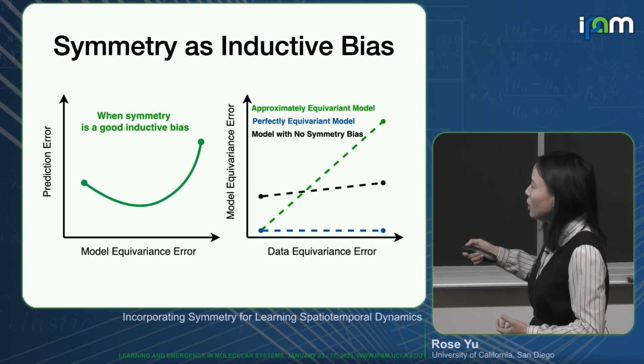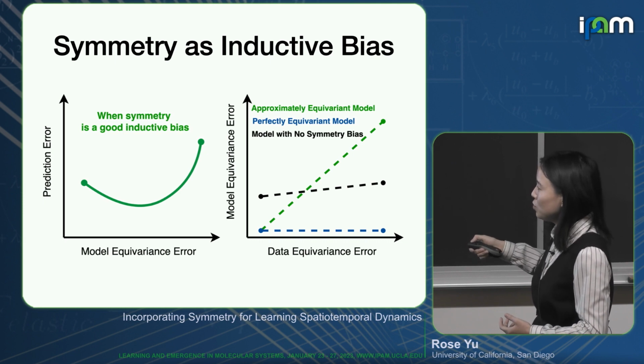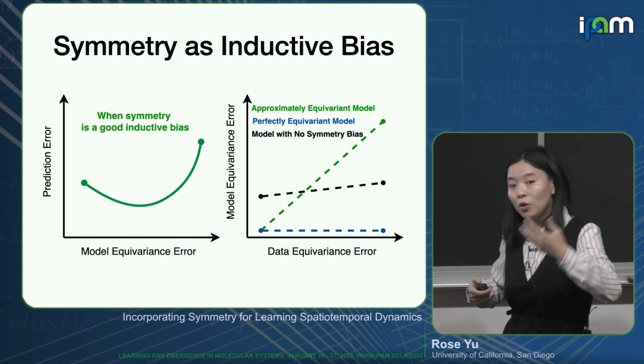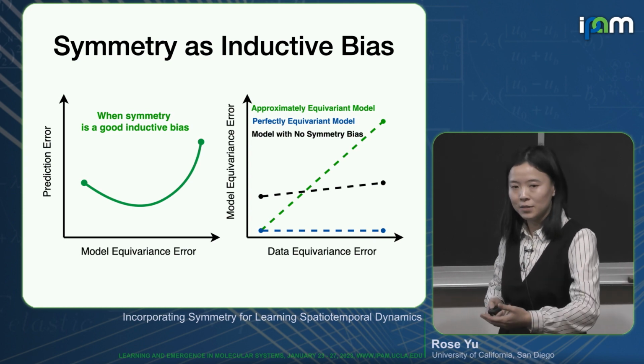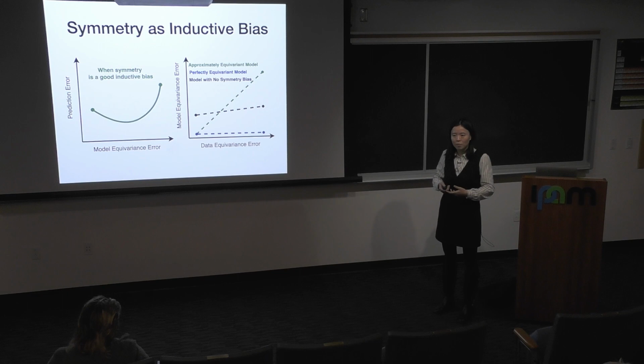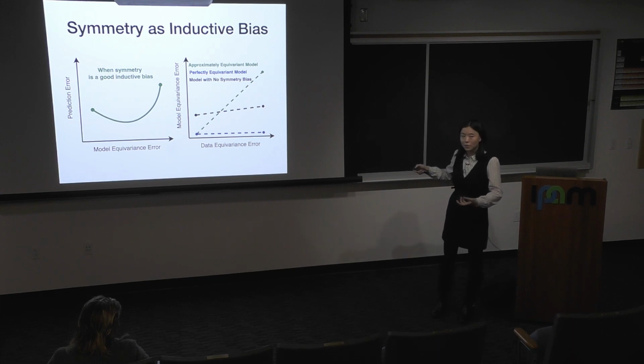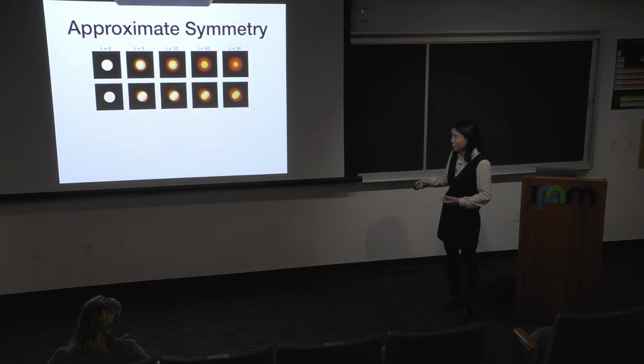And for models with no symmetry bias, because they don't use our domain knowledge as an inductive bias, they may not have the same power as symmetric models. But there is a type of model that we hope to develop, which can interpolate between these two, and we call it approximate equivariant models.